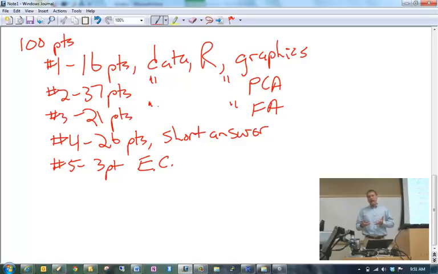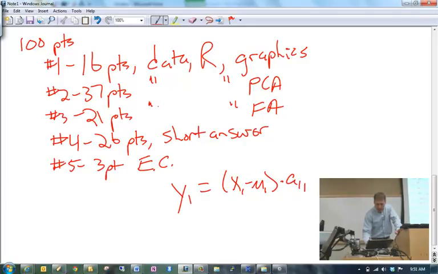So, for example, you could simply start with this: Y1 is equal to (x1 minus mu1) times a11 plus, and actually write out the particular components, so (xp minus mu p) times a, I forget the exact notation I use, maybe ap1, or might be a1p. I don't remember off the top of my head which usually came first. And then you can say, okay, R found this particular value for a, this particular value for a, and so on.